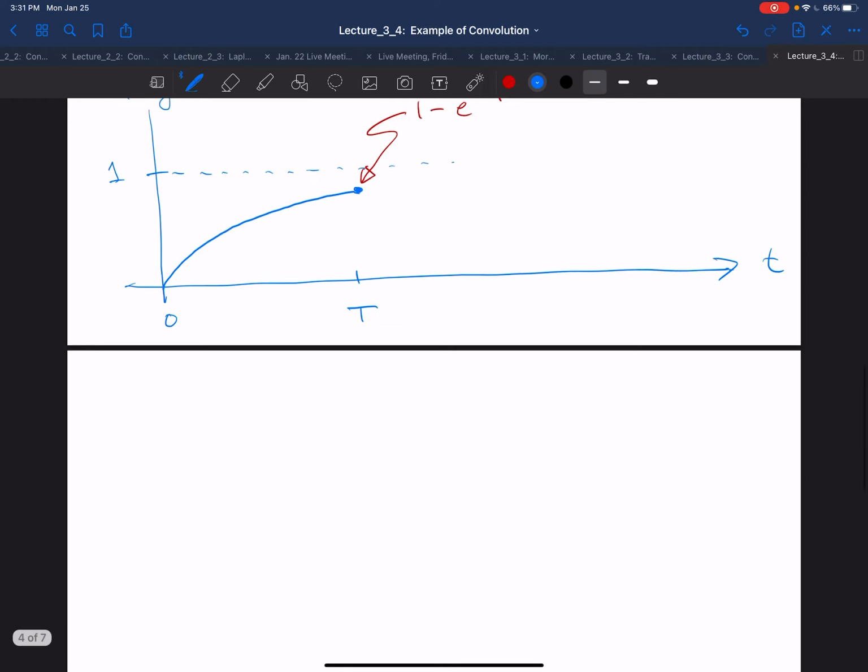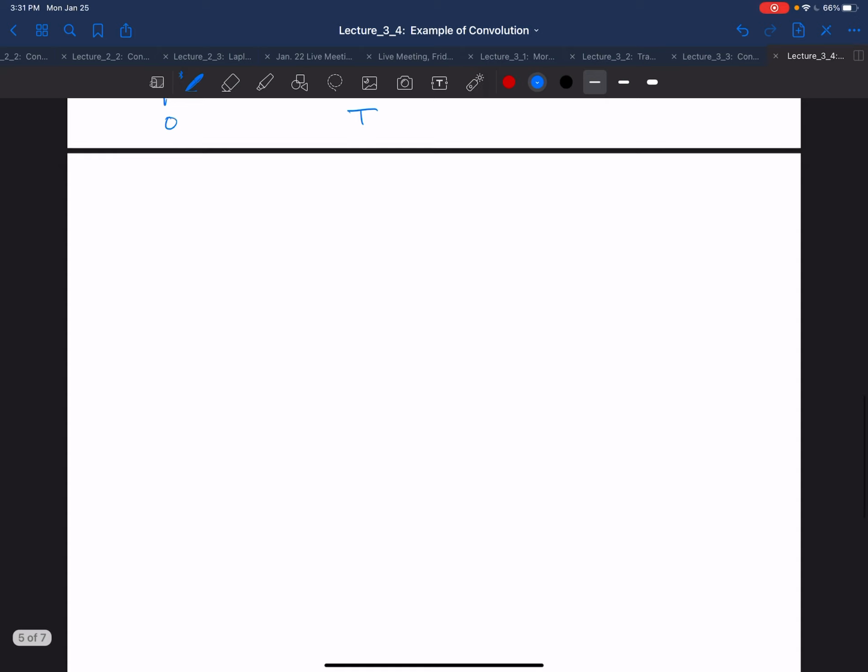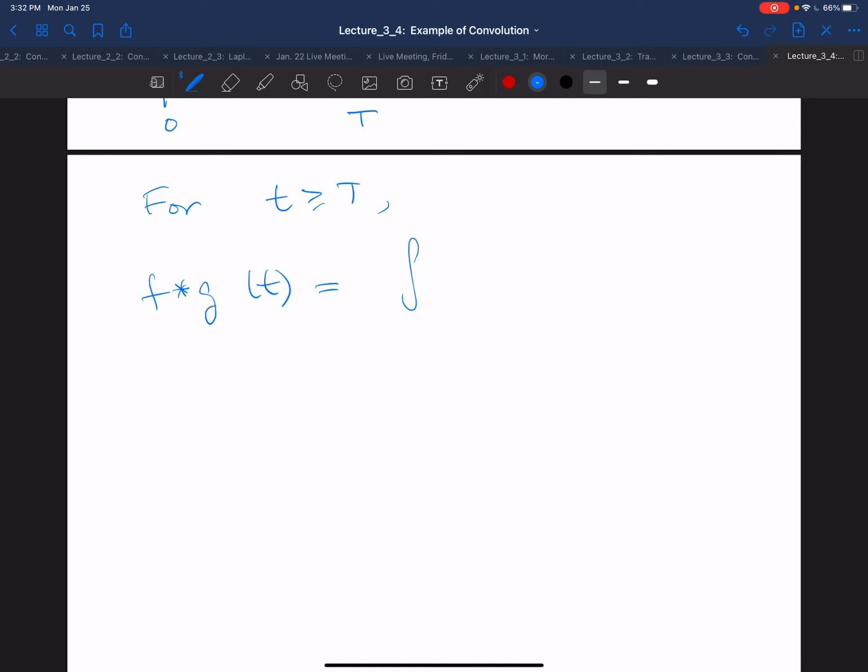Now, what if little t is greater than or equal to big T? In that case, our convolution, which always has this form, can always be written in this form. What's it going to look like?